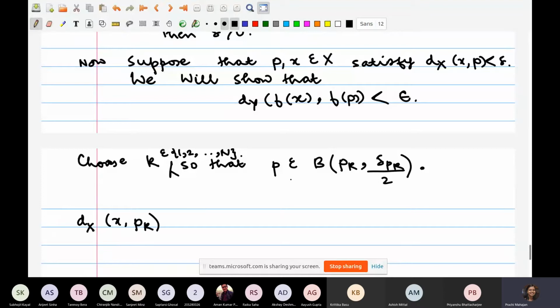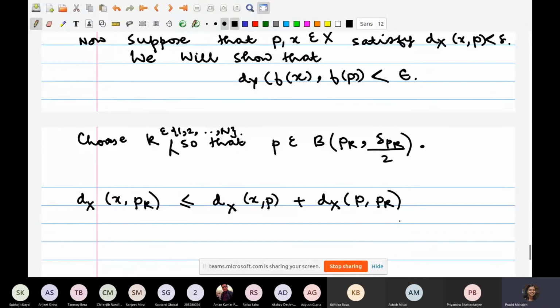Using the triangle inequality, the distance between x and pk is at most the sum of the distance between x and P and the distance between P and pk. Now, the distance between x and P is at most delta, and the distance between P and pk is at most delta pk by 2. Why?